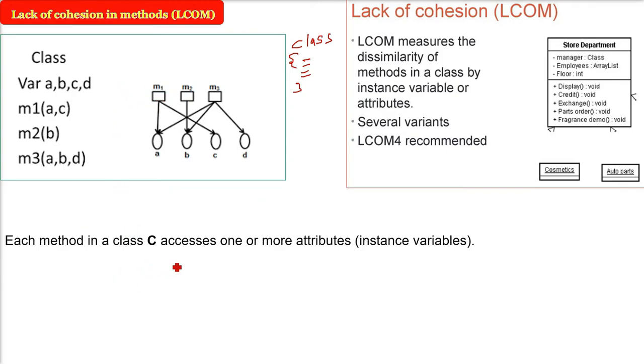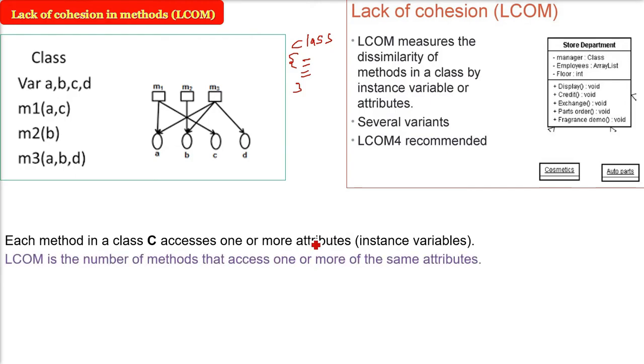These are called instance variables. So when a method is accessing or manipulating one or more attributes, LCOM is defined as the number of methods that access one or more of the same attribute. Please understand, the number of methods that are accessing one or more of the same attribute.